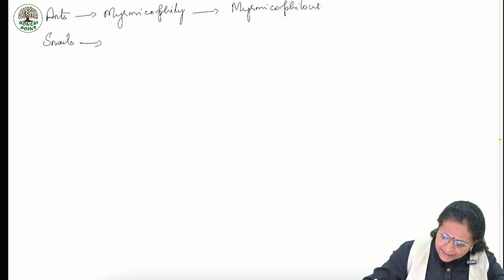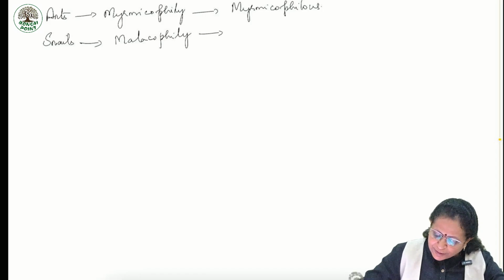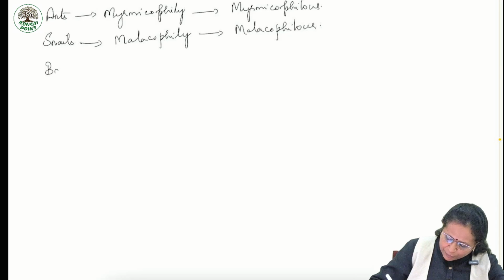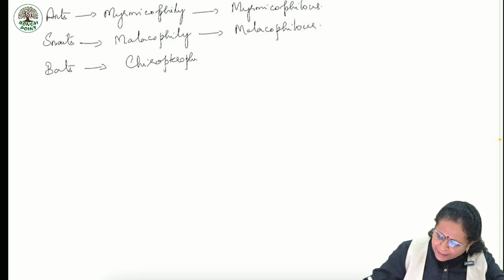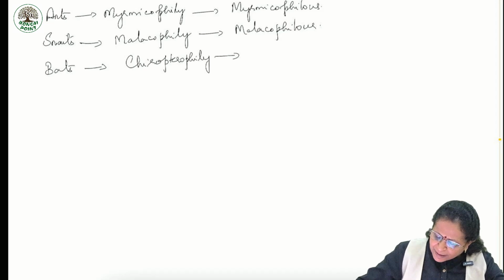It is called malacophily, and such flowers are called malacophilous. Even bats bring about cross-pollination. Cross-pollination by bats is called chiropterophily, and such flowers are called chiropterophilous.